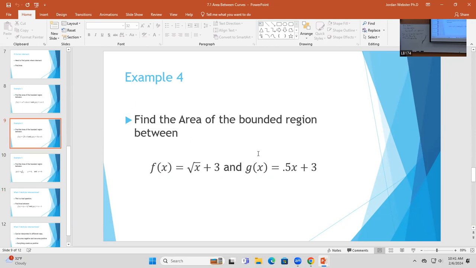Also, I know I didn't mention this in one of the previous examples, but here the F was on top, the G was on bottom. Remember that? What would have happened if you would have integrated with the wrong F and the wrong G? You flip-flopped.